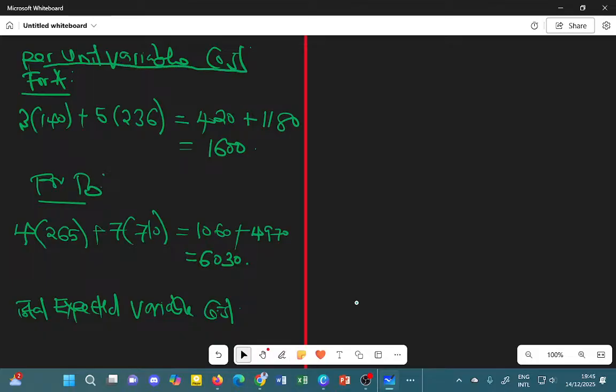That's what we had. So total expected cost will then be given by, I would call it expected cost, I'll give it E to mean expected.